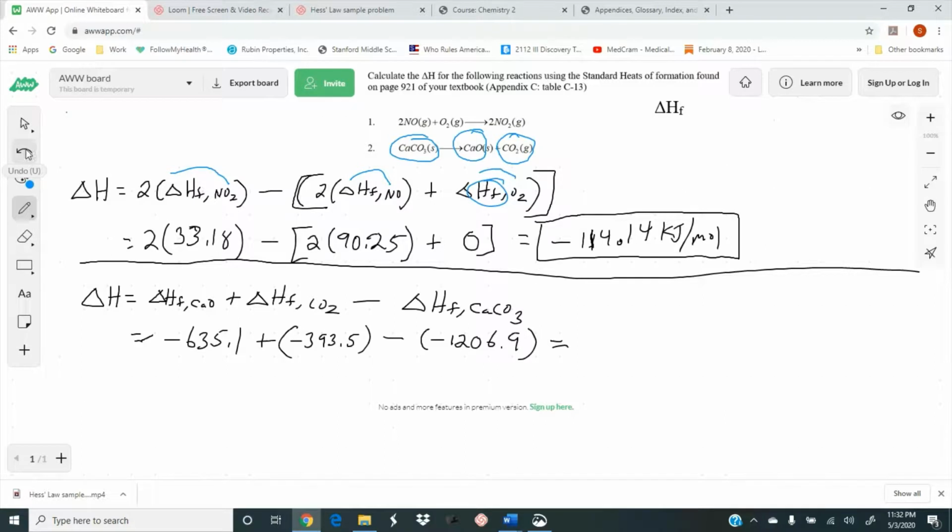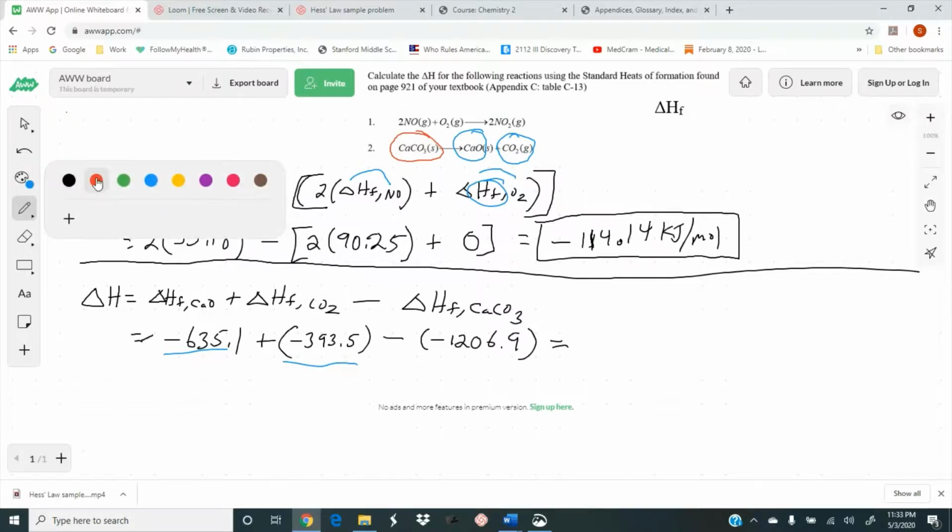Just notice that calcium carbonate is our reactant. And so these numbers are the products, and this number here is the reactant.